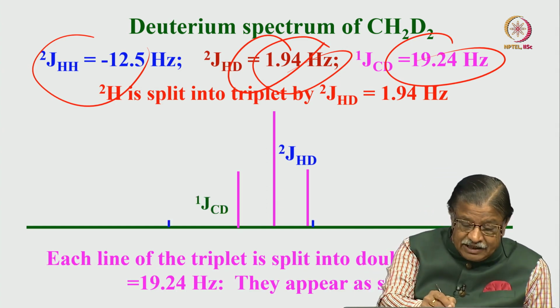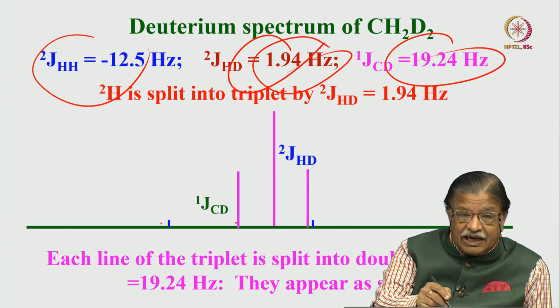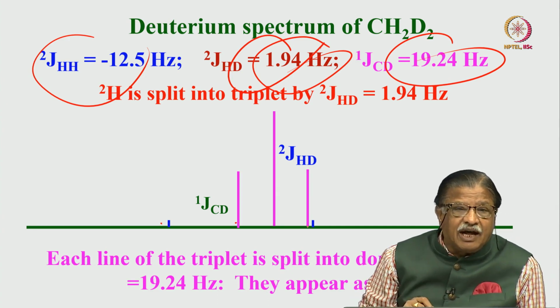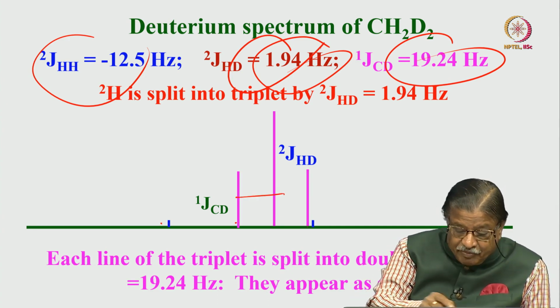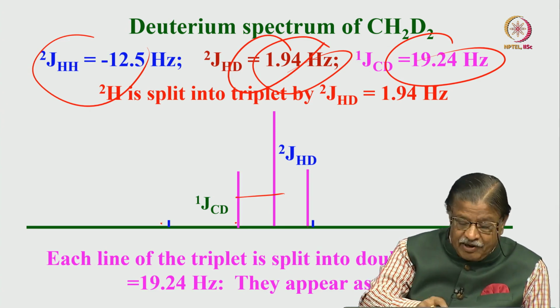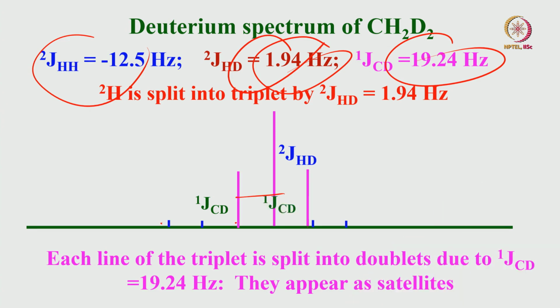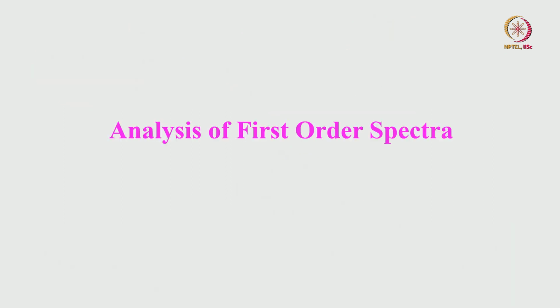But remember, this carbon 13 is a doublet with a satellite, and this coupling is quite larger than this. So, it appears as if it is overlapped, moves on either side. This is another one, this is another. Each of these lines is split into a doublet with very weak intensity peaks. They are called satellites. The real spectrum of deuterium is a triplet and 3 satellites on either side. So, very simple.